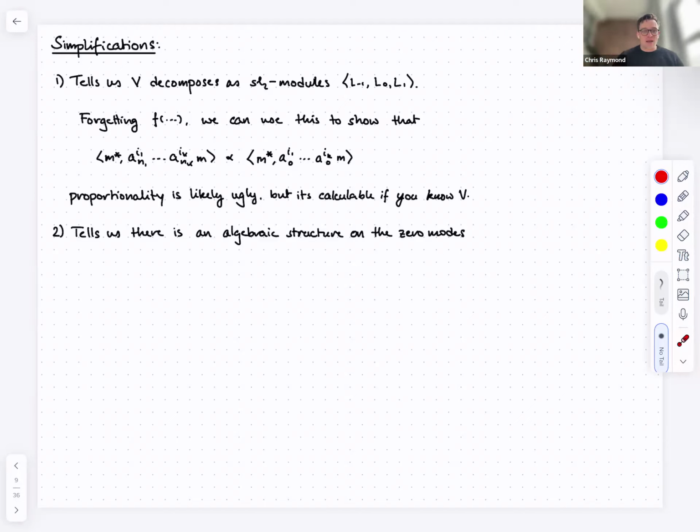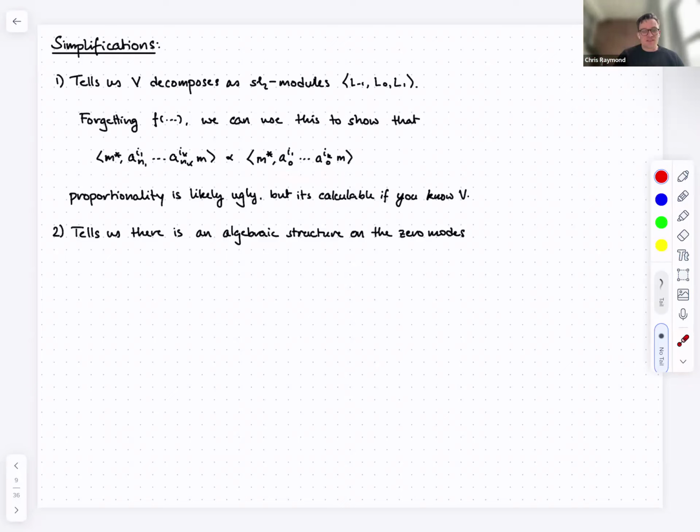So if I forget about this complex analytic function that's hanging on the end, I can use the action of this SL2 to show that some expression like this, this is my general amplitude, just the mode part, where I have lots of little indices floating around, well, I can finagle this, right? Up to some overall coefficient, I can write this now as just the zero modes.